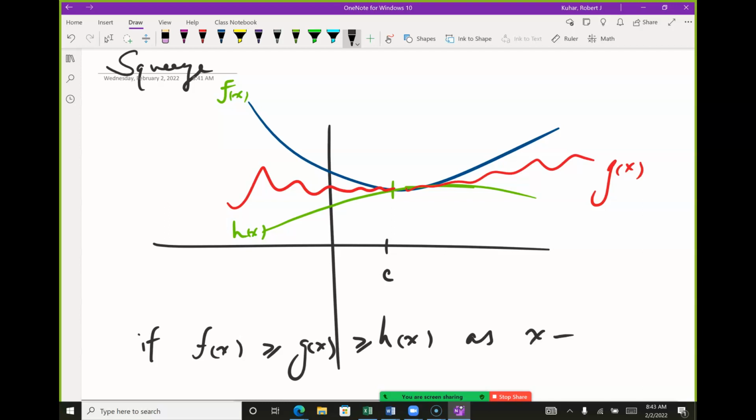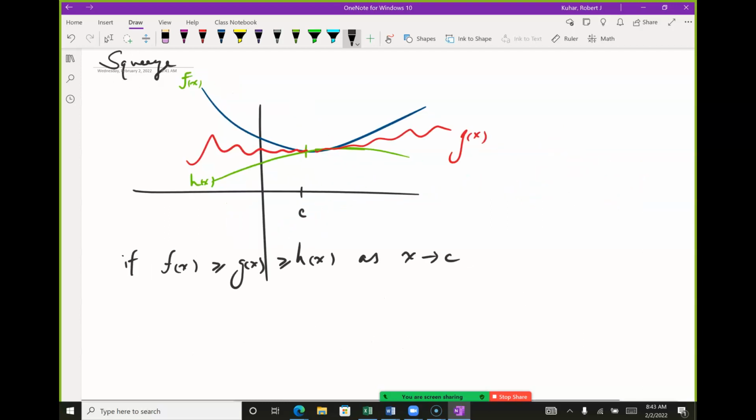As x goes to c, what are we saying about f and h? They're going to a limit, right? They're going to the same height, so h has to go to the same height, right?